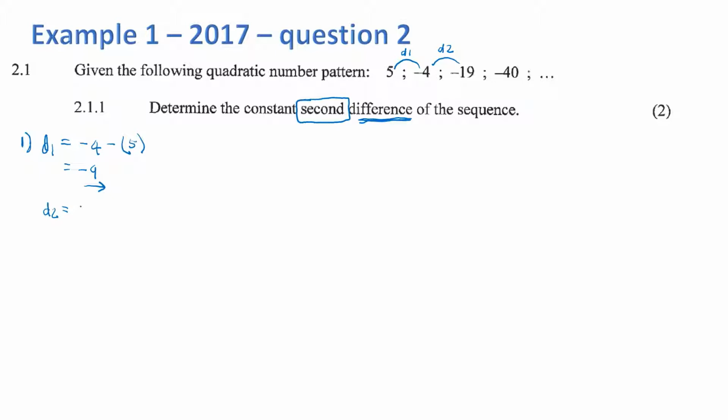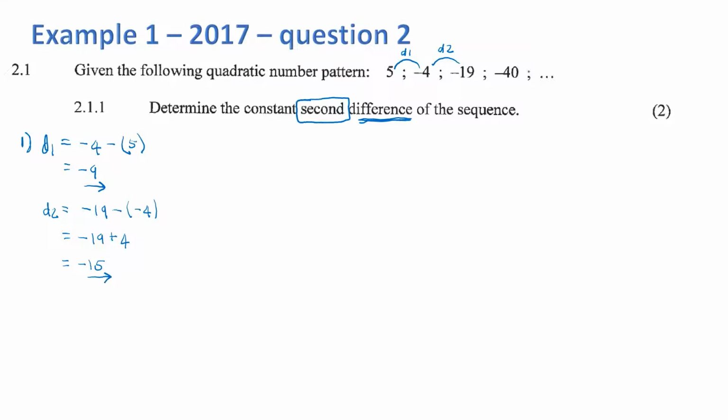So it is minus 19 minus 4. If I write that out concretely, that turns into minus 19 plus 4, and that's minus 15.